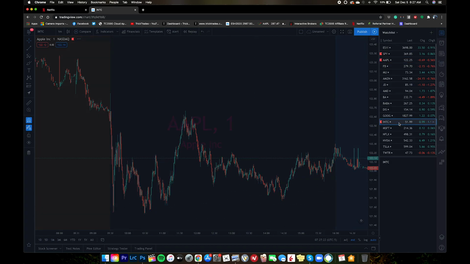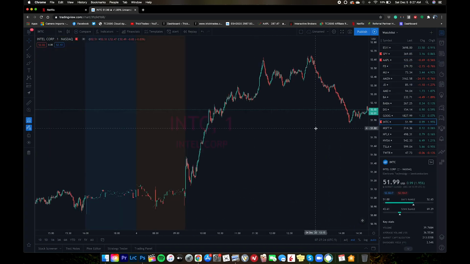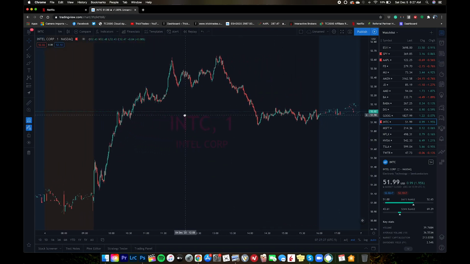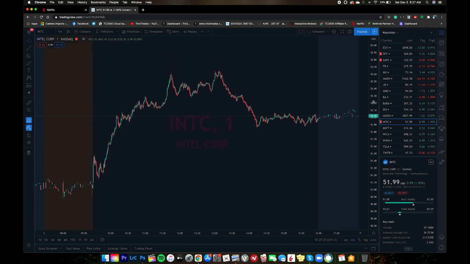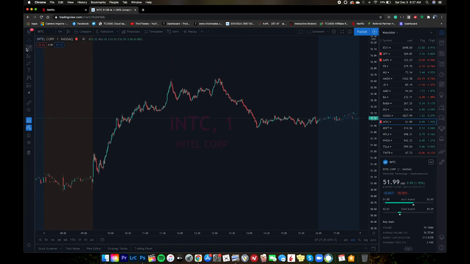So now let's get into Intel. So this was a really, really nice trade here. Didn't pull back quite as far as I wanted it to, but that's okay. I had a level. I'm going to pull this back a little bit. So the actual level on this was 53.07.